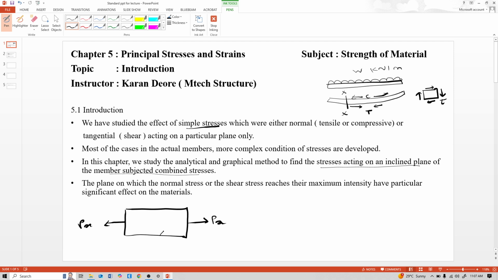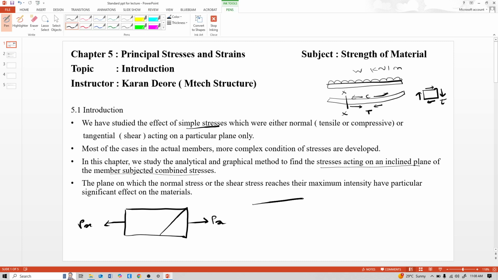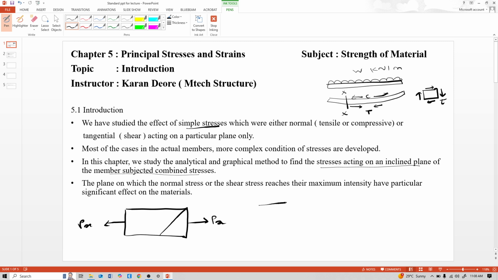Inclined plane means this, and the stresses acting on that inclined plane are these. This is Px.